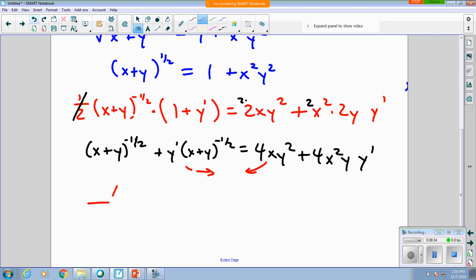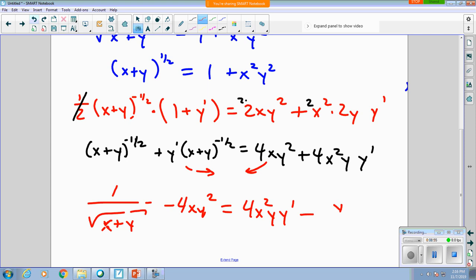So I have 1 over the square root of x plus y, that first term. And if I brought this one over, it'd be minus 4xy squared equals 4x squared y prime minus y prime over the square root of x plus y.